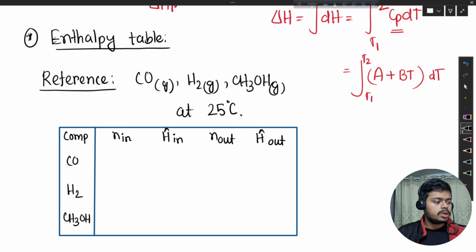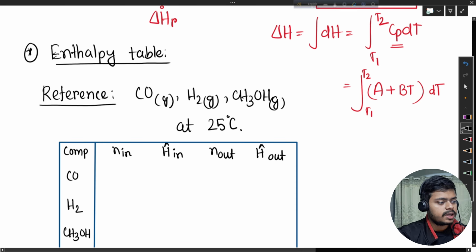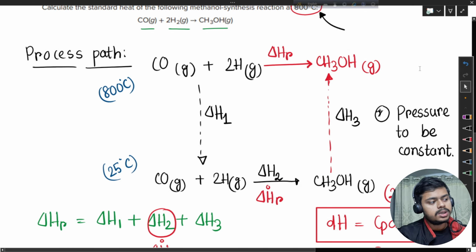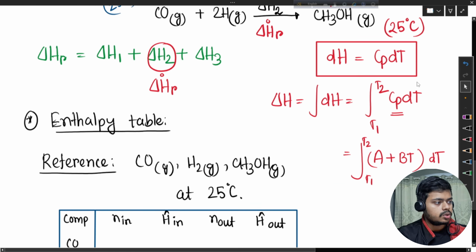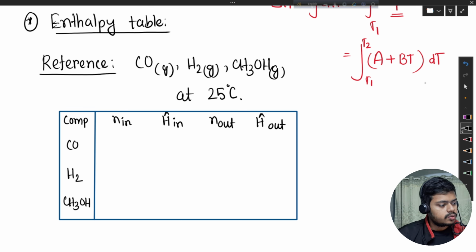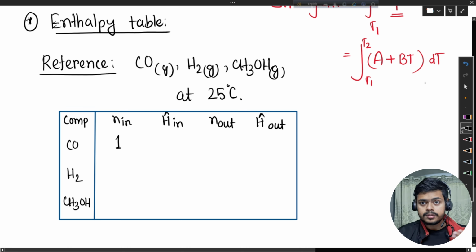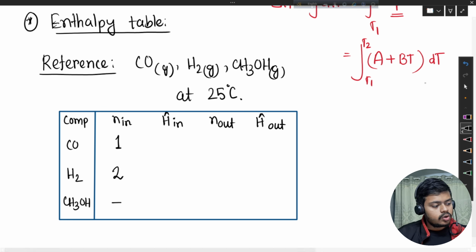What we're going to input in the column of moles input: as there is no specific amount of moles input here, we're just going to take the stoichiometric amounts. So we're going to assume that 1 mole of carbon monoxide was input, and 2 moles of hydrogen gas were input, and no amount of methanol was input to the reactor.